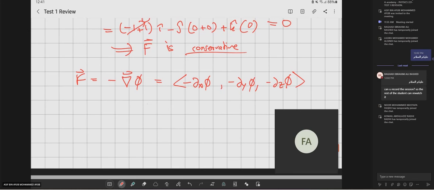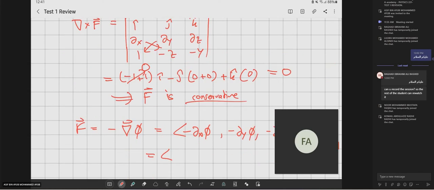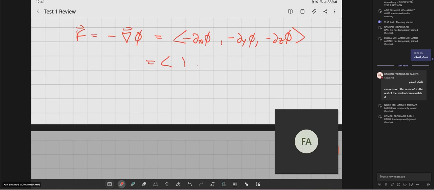And f, if you remember, was 1, minus z, minus y. So if I equate these two, I'll get three different equations: partial x of phi is equal to minus 1, partial y of phi equals z, partial z of phi equals y.